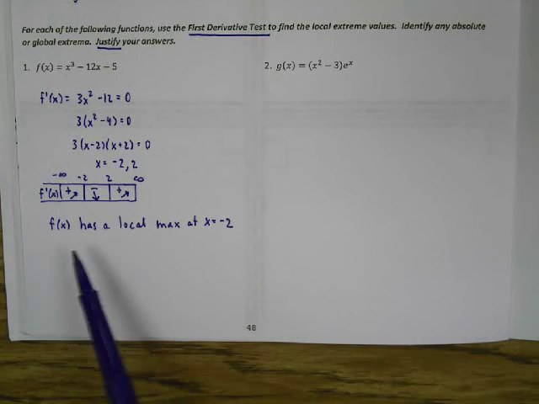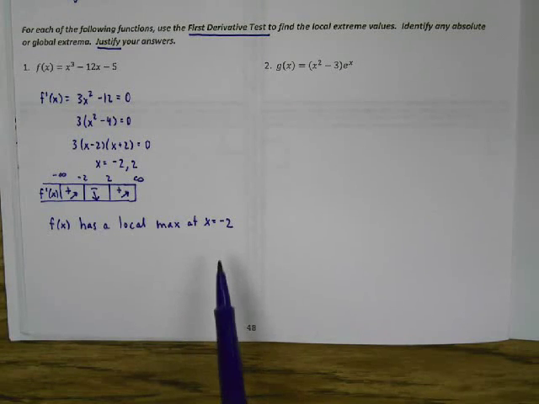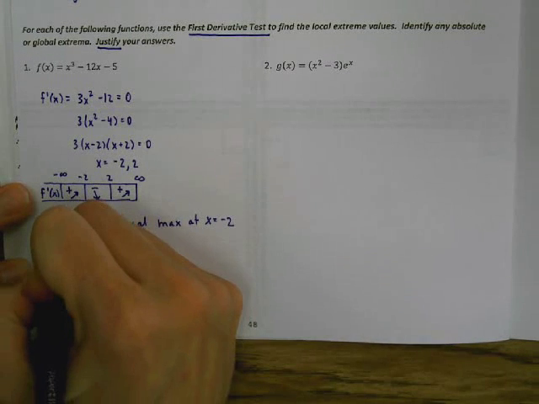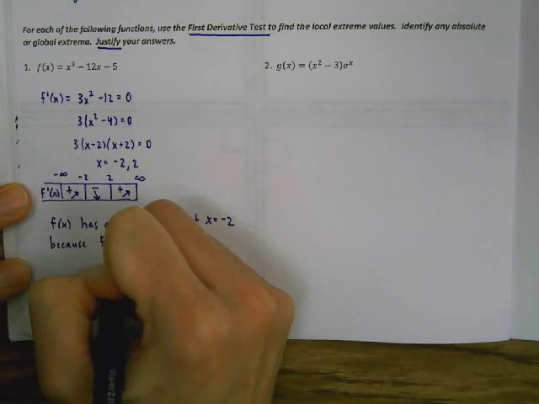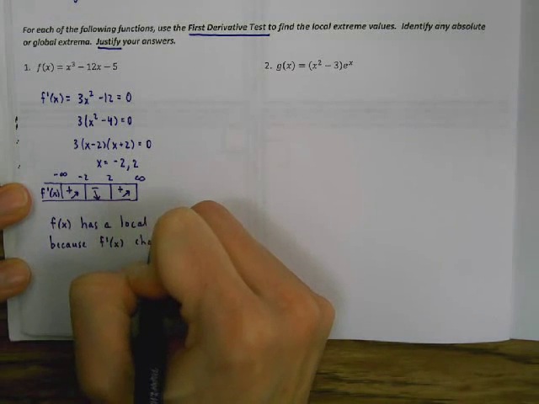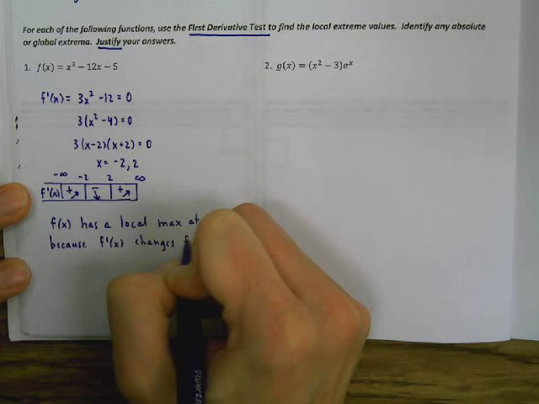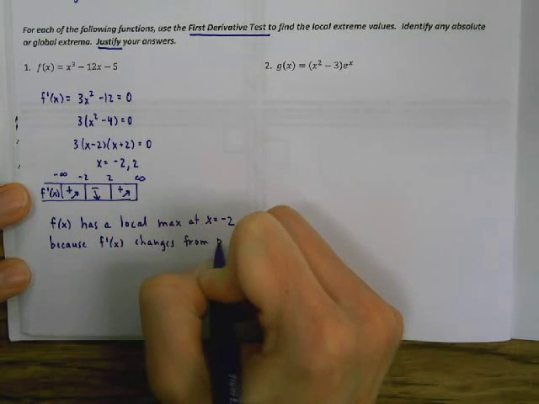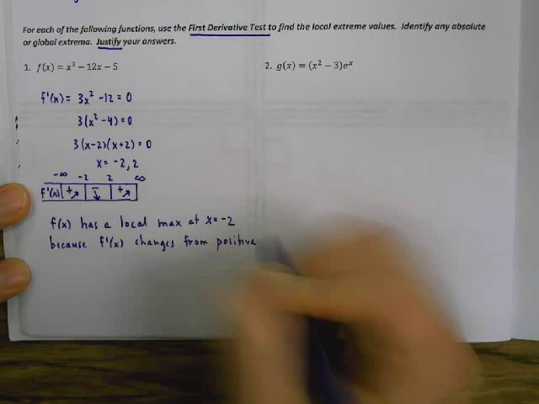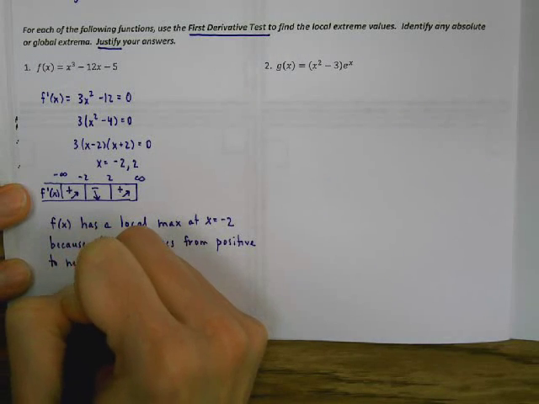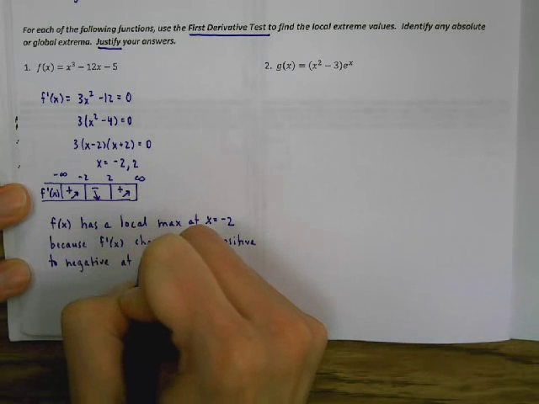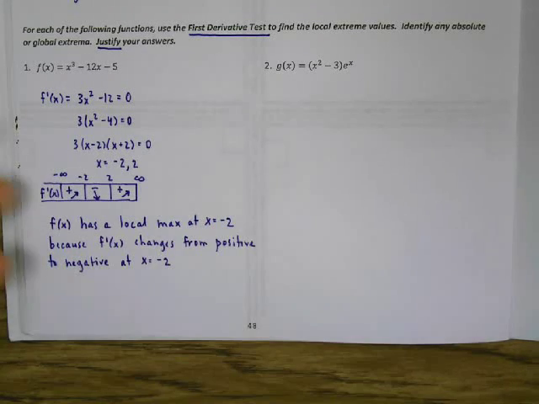So what we would say is f of x has a local max at x equals negative 2 because f prime of x changes from positive to negative at x equals negative 2. So that would be our justification.